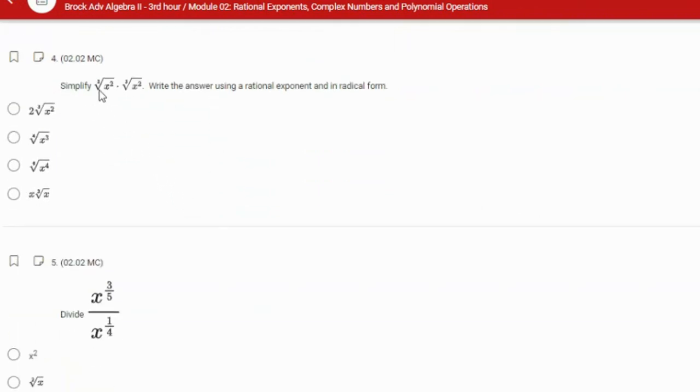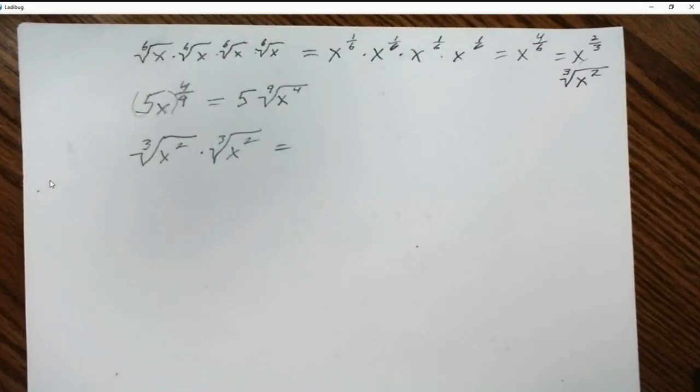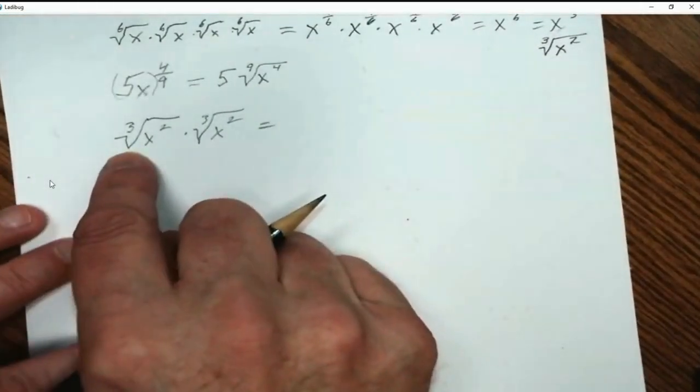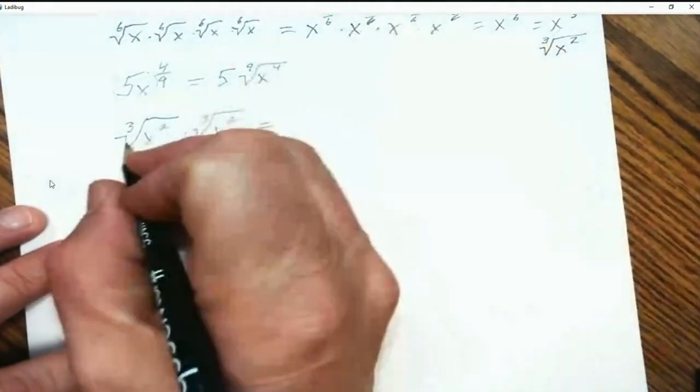Okay, simplify the 3rd root of x squared times the 3rd root of x squared. Write the answer using a rational exponent and in radical form. Okay, so let's write this on our paper. Let's rewrite that first to use our exponent rules.